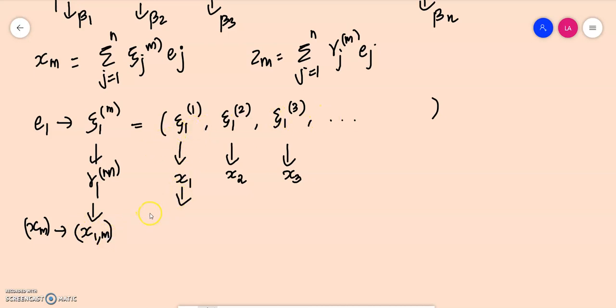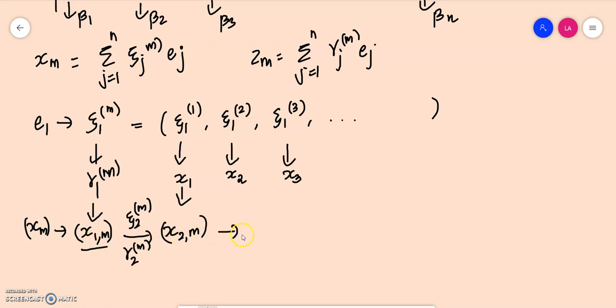Corresponding to this, we now proceed with the second sequence theta_2m. This has a subsequence eta_2m, and associated with that we have a subsequence of x_1m which we call x_2m.